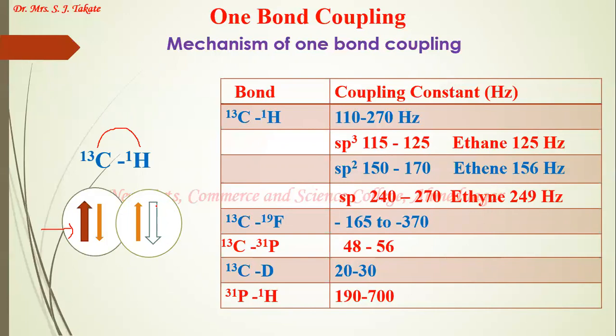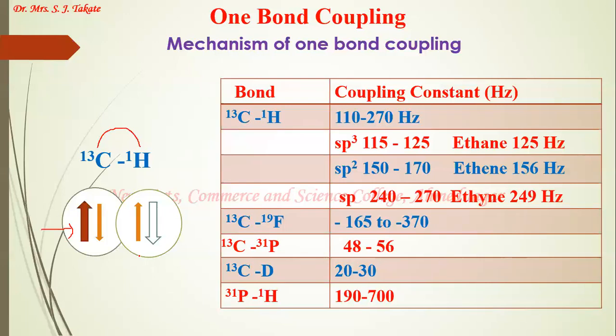The proton, as it has spin quantum number half, can take two different orientations. And due to those two orientations, the signal of this carbon 13 gets split, and we say that the proton and carbon are coupling with one another. How does this happen?